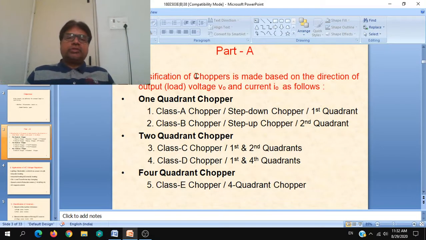Classification of choppers. Classification of choppers is made based on the direction of output voltage or load voltage V0 and current I0 as follows. You need not write it as a sentence, simply put the heading as classification of choppers, and the classification goes on like this: 1 quadrant chopper, 2 quadrant chopper and 4 quadrant chopper.